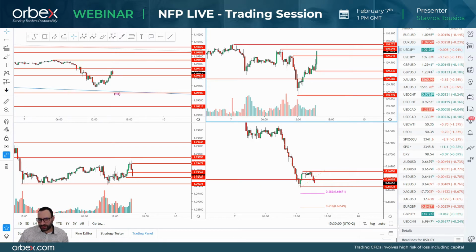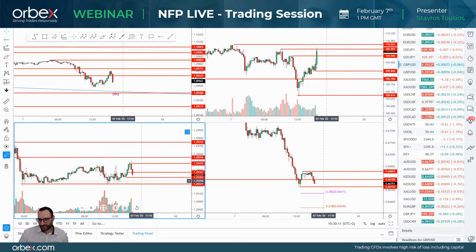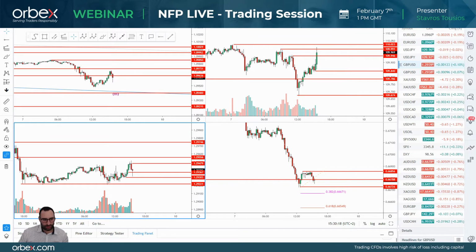Okay, let's see how this is going to pan out. Dollar yen is moving up, euro dollar down. Pound, you see that? We talked about pound strength, and it seems to be the one resisting as much or more than any other asset.